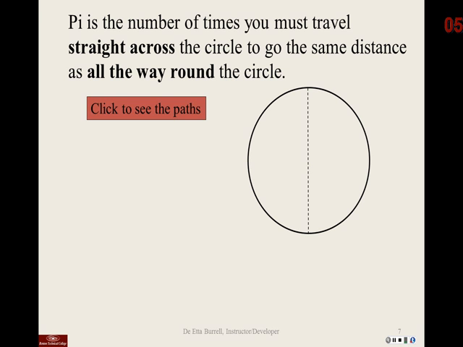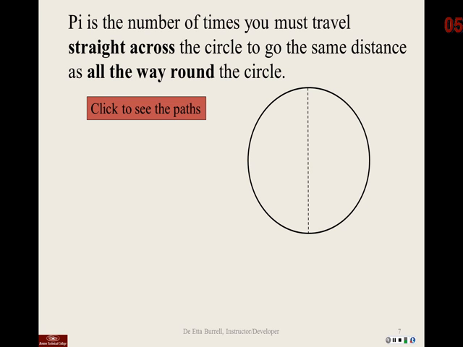Now, I want to show you guys pi. Remember, the first part of pi is the circumference. So that'll be the way that it moves around the solid circle. And the bottom is the diameter, which will be going up and down through the center, which is your diameter.